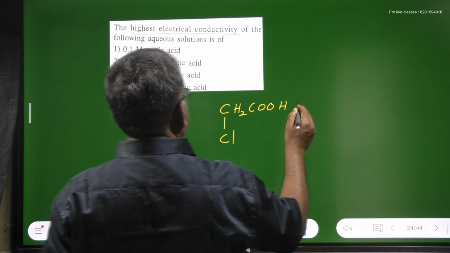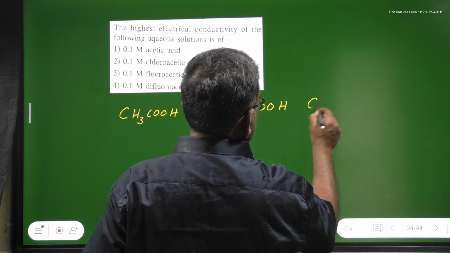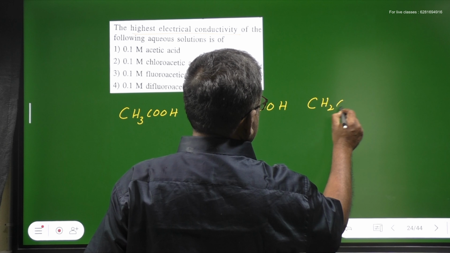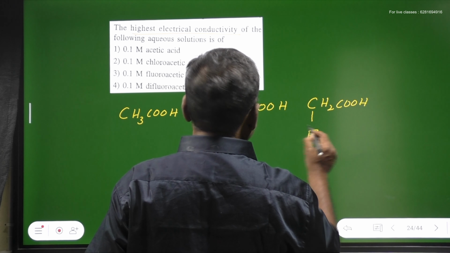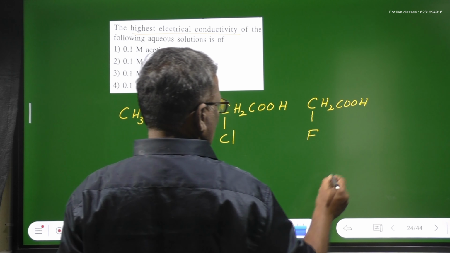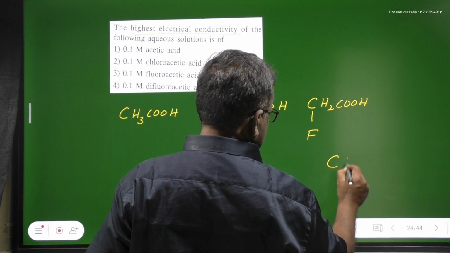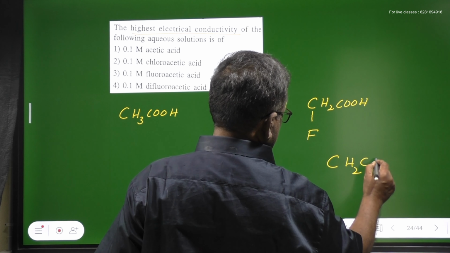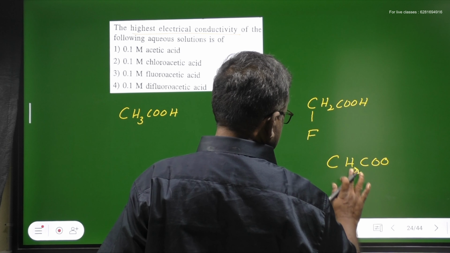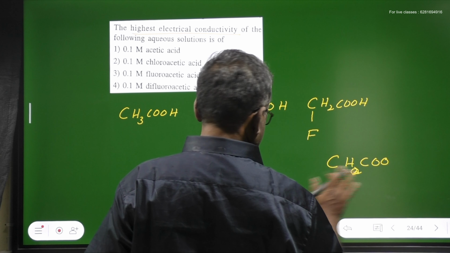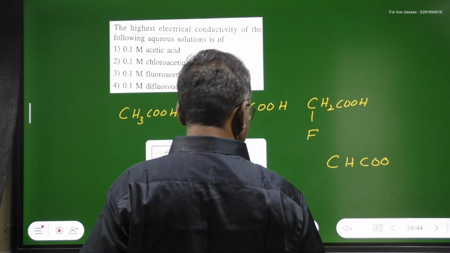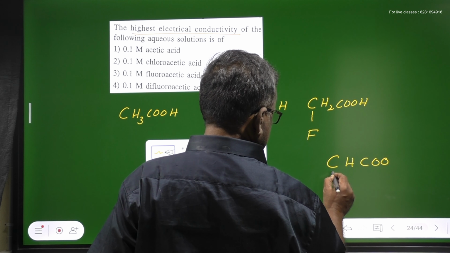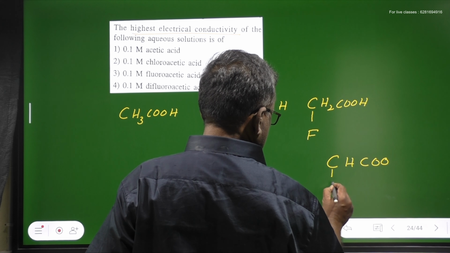Next, fluoroacetic acid, CH2FCOOH. And the fourth one is difluoroacetic acid, CHF2COOH.